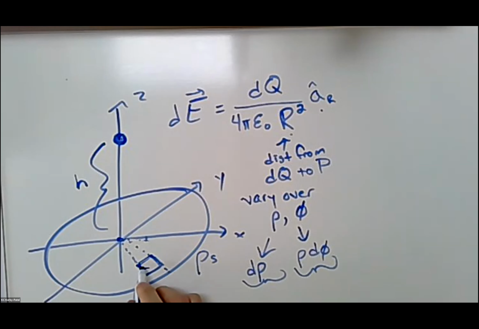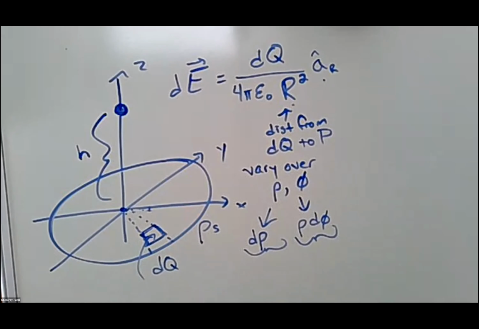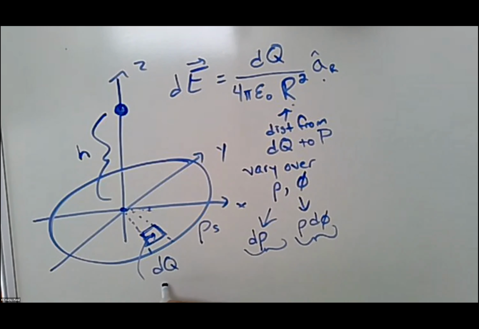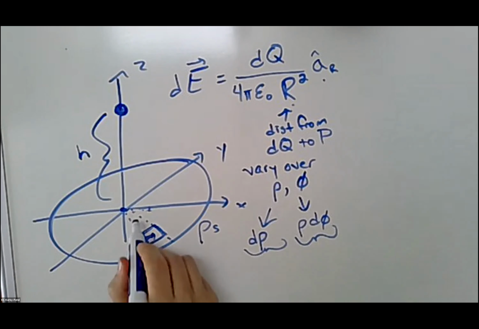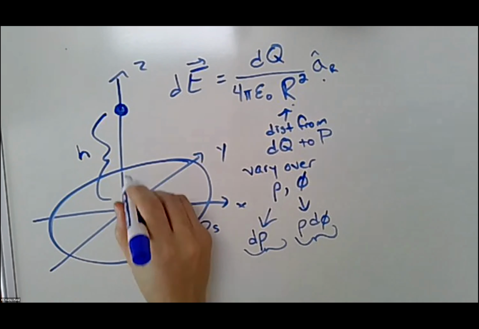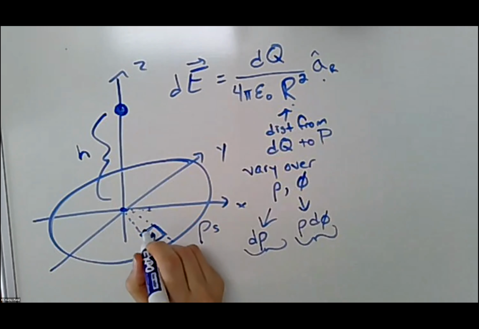So that little guy is dq. The value of r, and dq obviously can move around because I need to cover the entire surface of this disk with dq's.